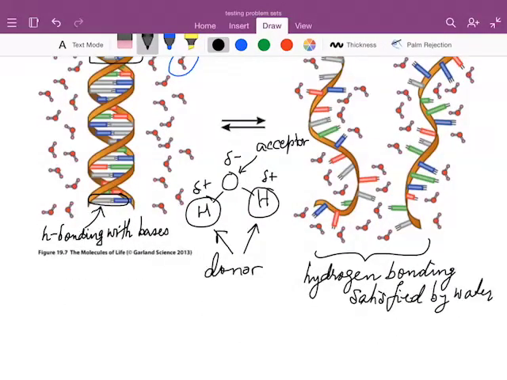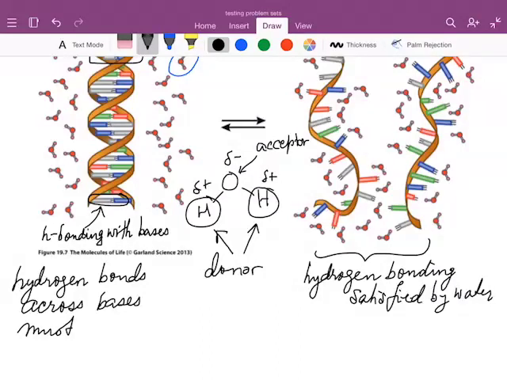However, it doesn't mean that hydrogen bonding is not important. Hydrogen bonds across spaces must be satisfied. Otherwise, a base would lose a hydrogen bond that it made with water if it's paired against the improper base when it forms the double helix.